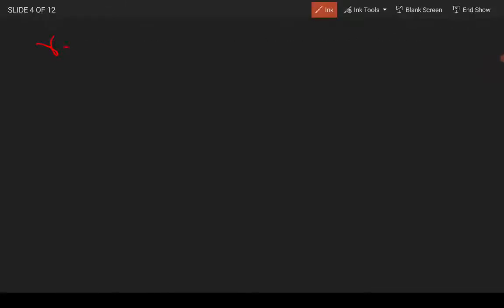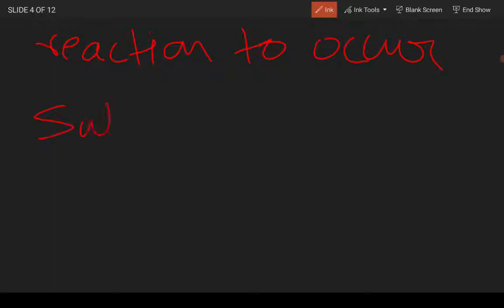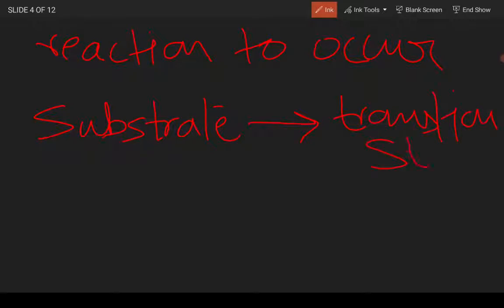Let's see. For a reaction to occur, the substrate needs to reach a transition state. The energy that is required for this substrate to reach the transition state is known as activation energy.